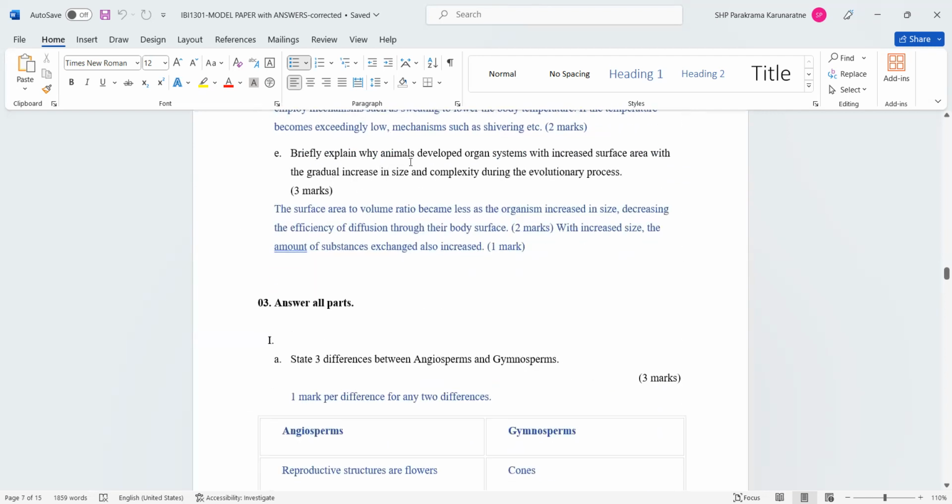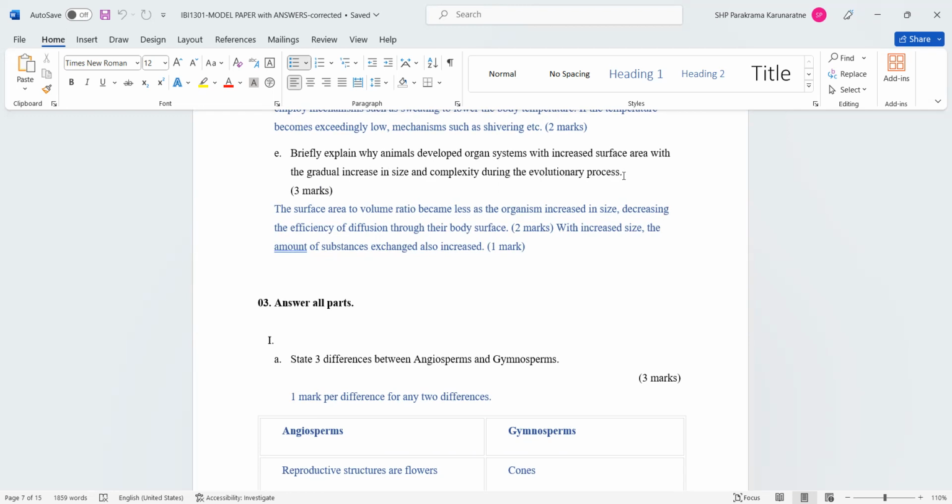Then briefly explain why animals develop organ systems with increased surface area with the gradual increase in size and complexity during the evolutionary process. I explained this clearly during that lecture, and I drew the diagram.